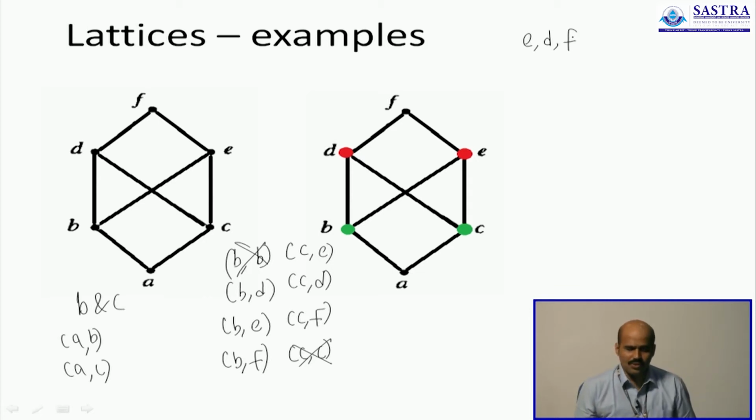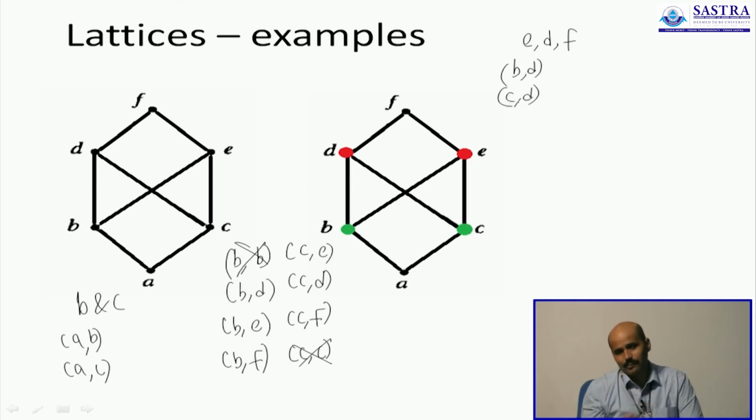Now it is obvious to see that there are common upper bounds, but none of them will actually be the least upper bound. Now if you can recall, the least upper bound is actually an upper bound such that any other upper bound is higher than it. So D is an upper bound because you have BD as well as CD.